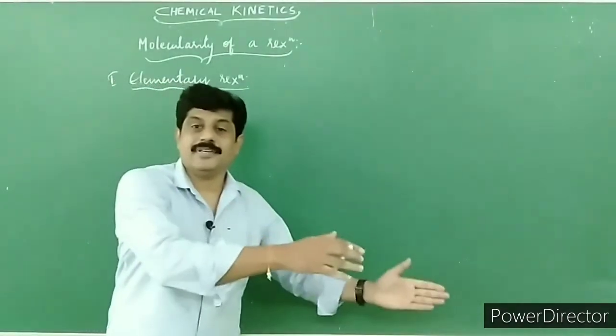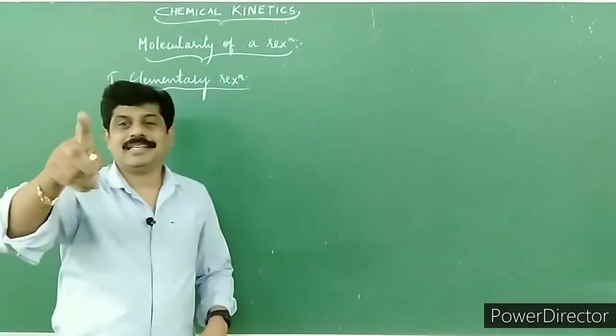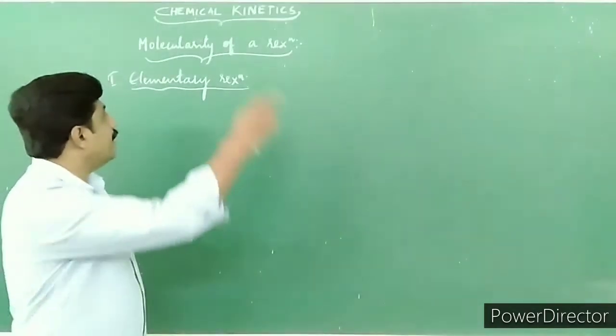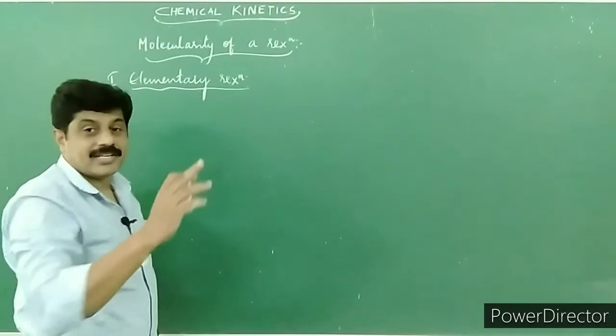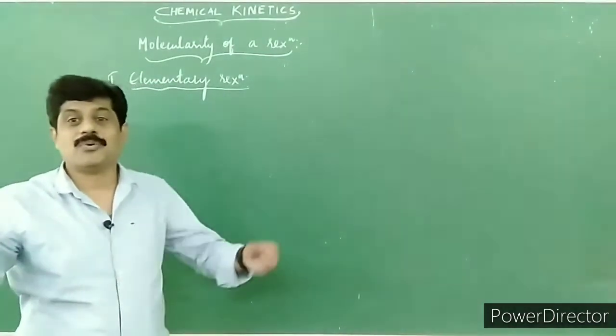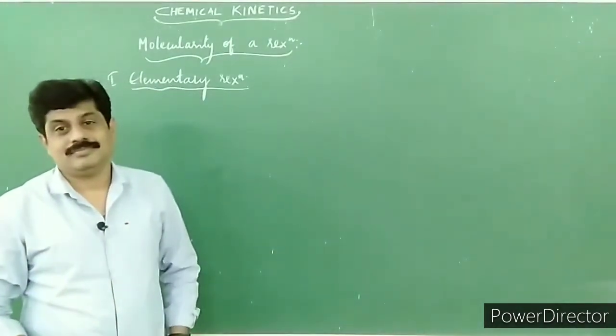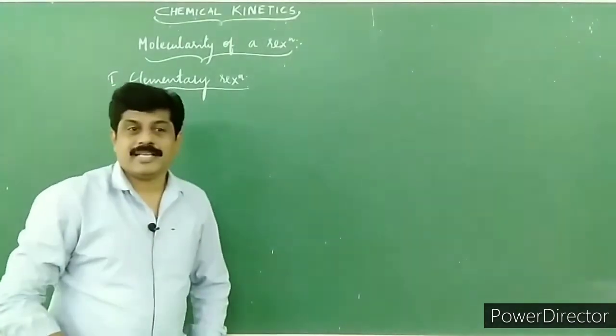They directly convert from reactants into products. Children, in such cases, the molecularity of a reaction can be defined as the number of reactant molecules that collide during the chemical reaction. Children, let me quote an example here.